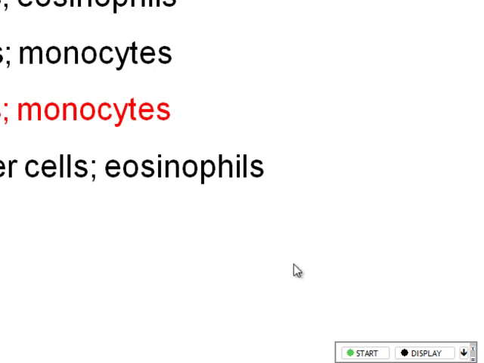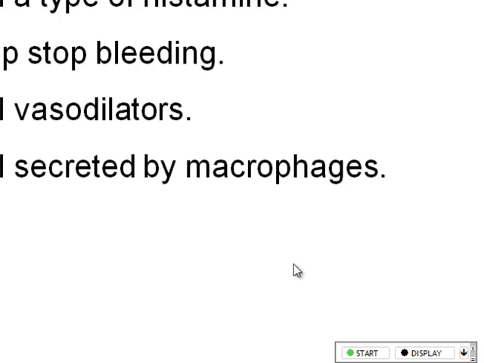What characteristic do all inflammatory chemicals share? Remember, all of them share this.